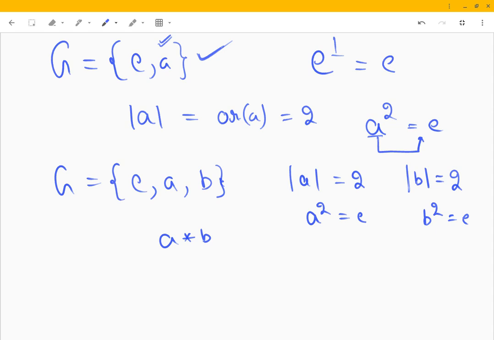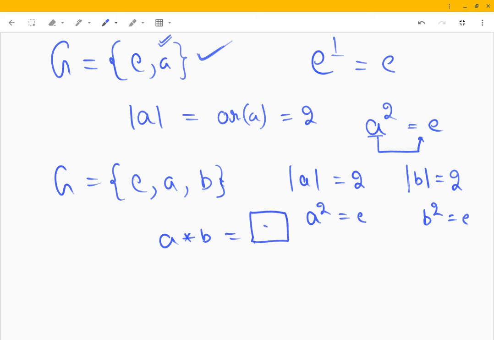Any element of a group can combine with any other element. Actually, any element of a group should combine with all the elements of the group and should result in another element belonging to the group.